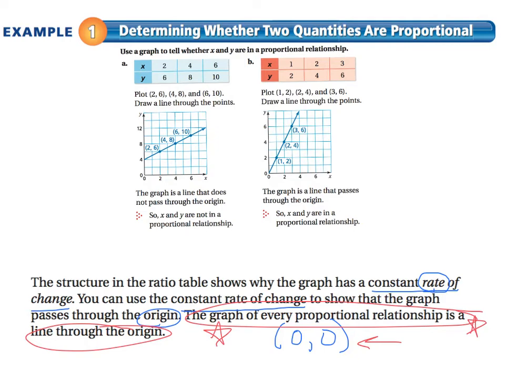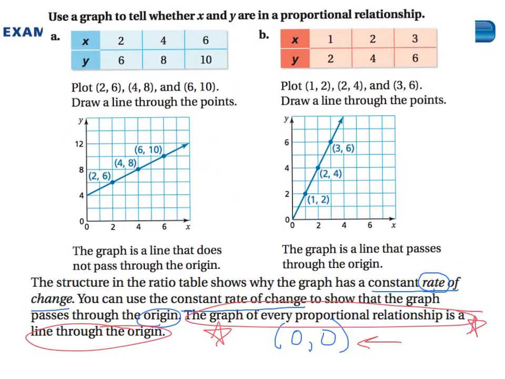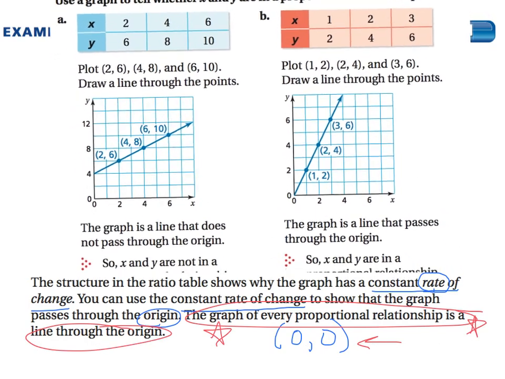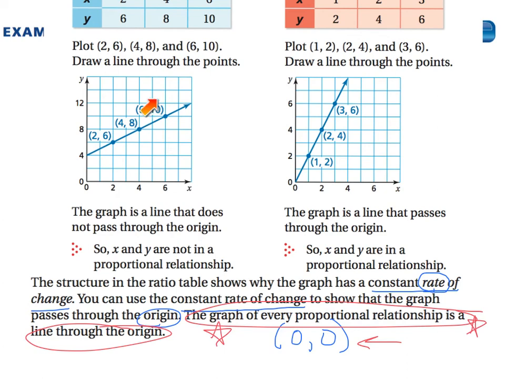So I'm going to enlarge this back again. Now, if we graph this, I'm going to slide this up. When we graph this, it says, is this proportional? Does this blue line here go through 0, 0? No. Therefore, the graph is a line that does not pass the origin.